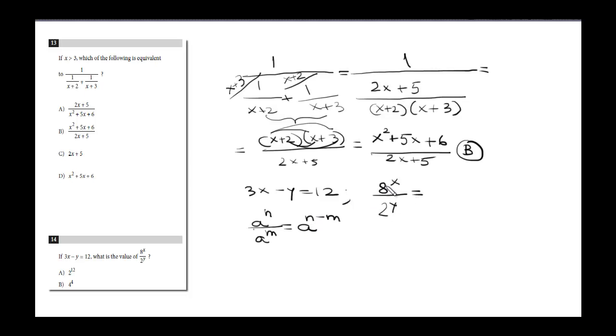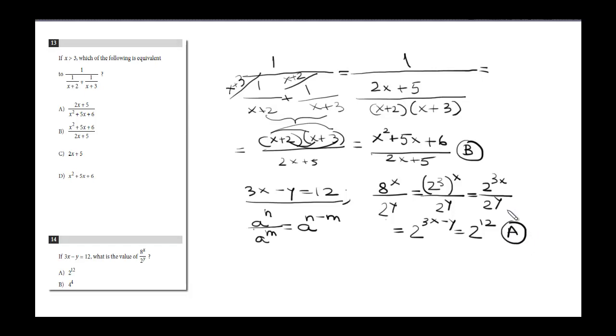Now we don't have the same base here, it's 8 and 2, but we know that 8 is 2 cubed. So that will be 2 to the power 3 all to the power x over 2 to the power y. That is 2 to the power 3x over 2 to the power y. Now we can apply the laws of indices and we get 2 to the power 3x minus y. And we know that 3x minus y is 12. So that will be 2 to the power 12, which gives us correct answer A.